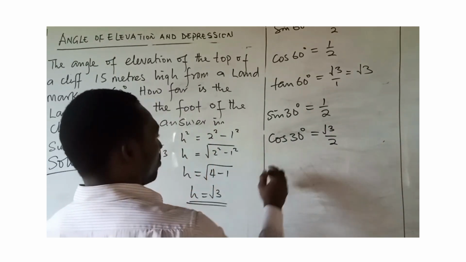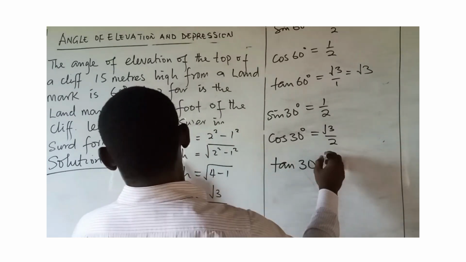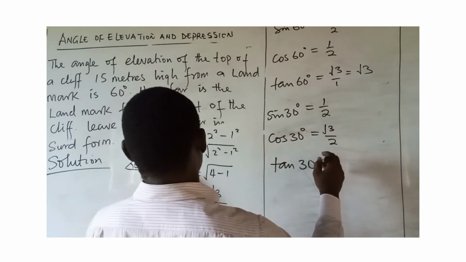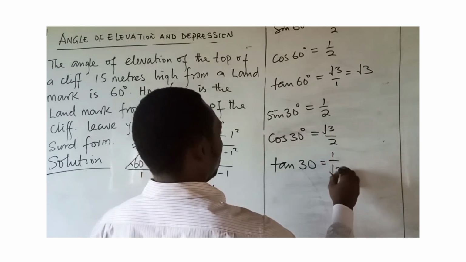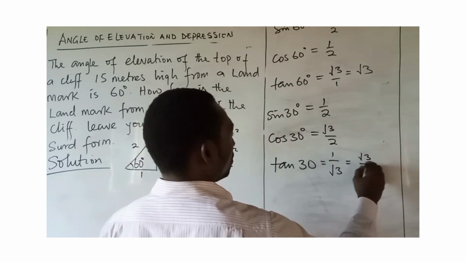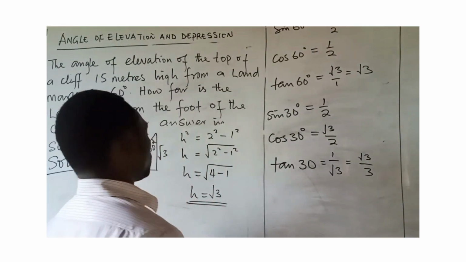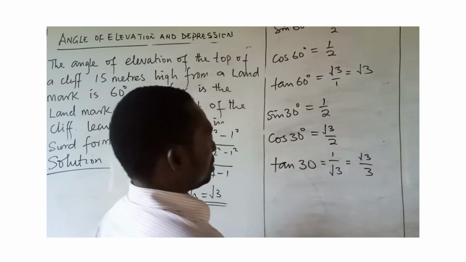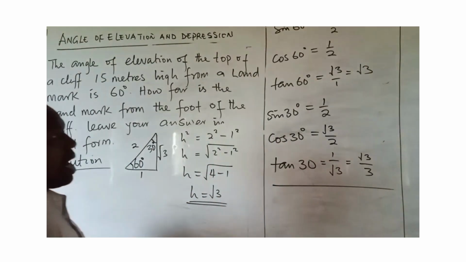And then tan 30 is opposite over adjacent, which is 1 over root 3, which is equal to root 3 over 3, using surd. So these are the values for the special angles.